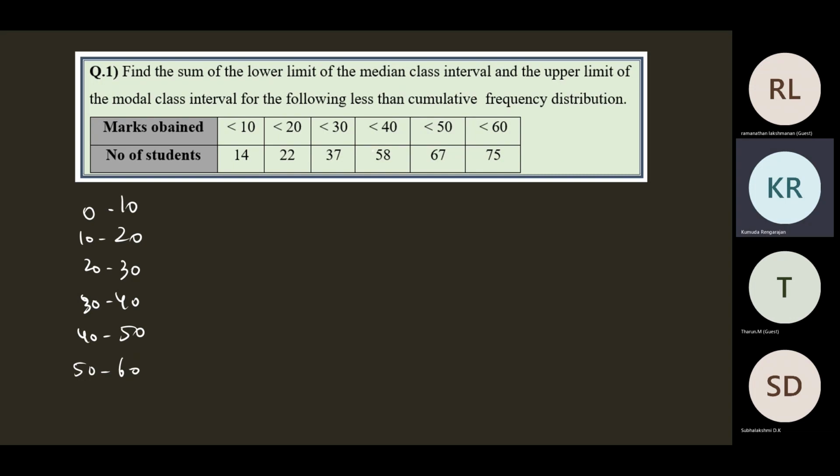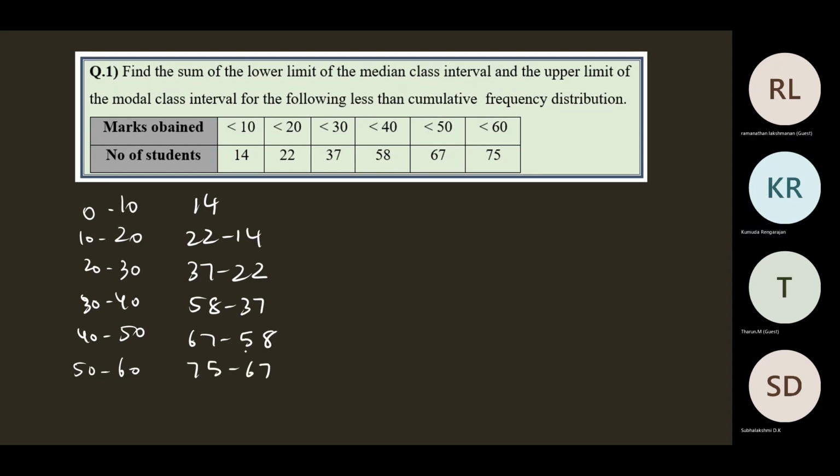Now when you're given the less than cumulative frequency distribution, write the first frequency as it is and then start subtracting. Write the first one as it is, 14. Now start subtracting: 22 minus 14, 37 minus 22, 58 minus 37, 67 minus 58, and 75 minus 67. These are the frequencies. For less than, write the first frequency as it is.